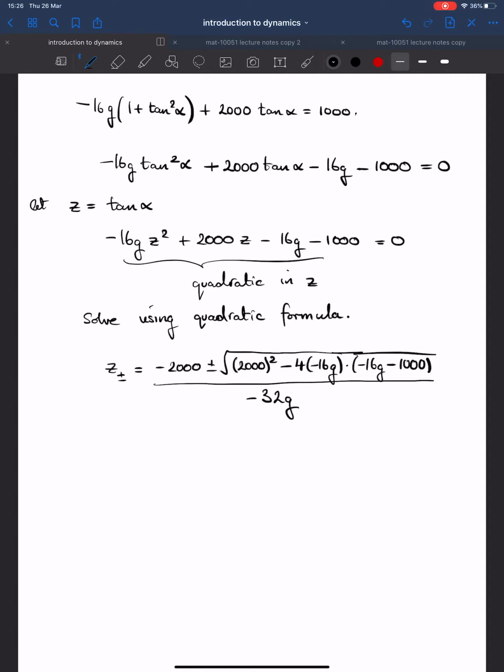So I'm going to ask the computer to solve this equation. So I have minus 16 times g times z squared plus 2000 times z minus 16 times g minus 1000 equals 0.